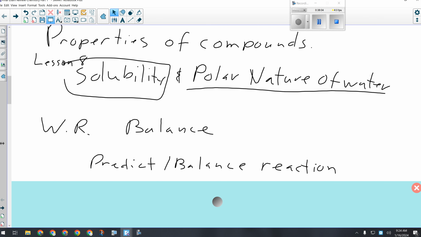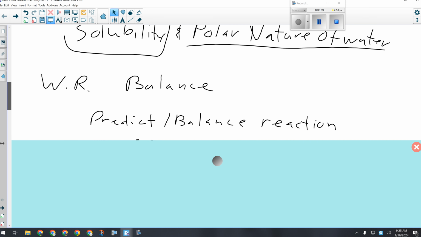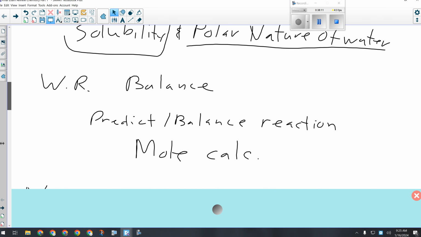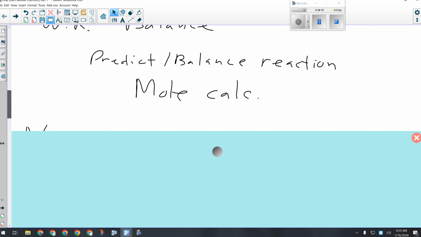So written response, like I said, balancing, predict and balance reactions. Mole calculations, that stuff we've already covered, but that stuff is all on there.